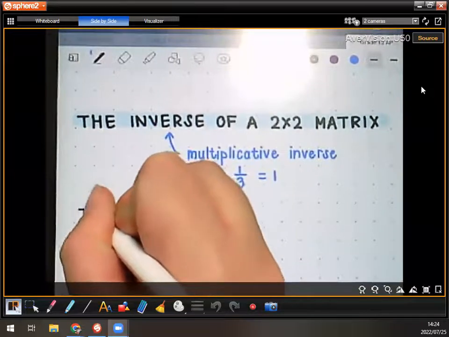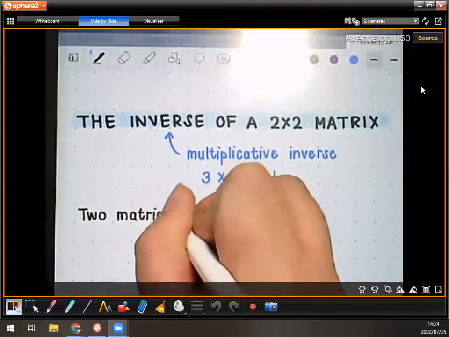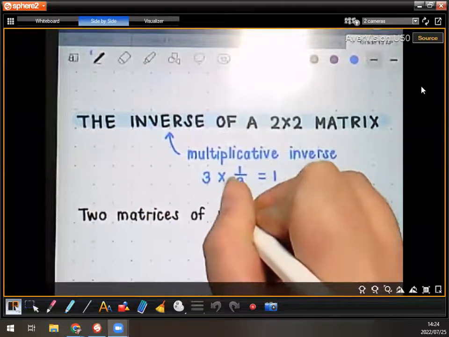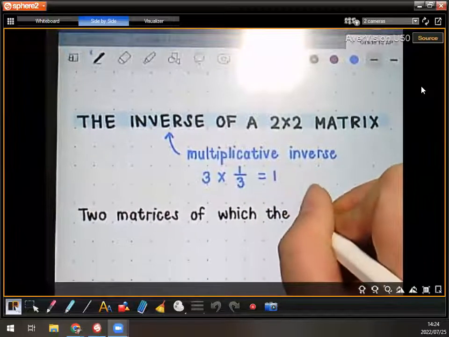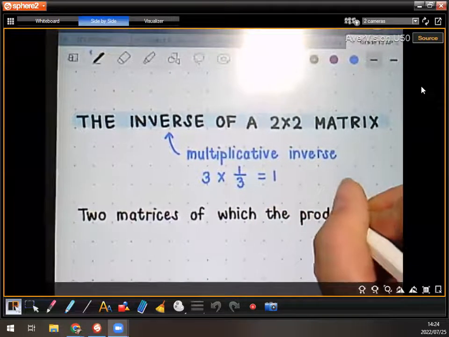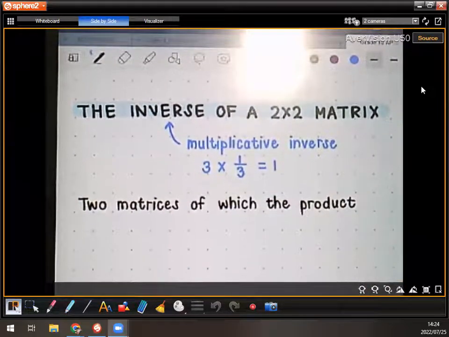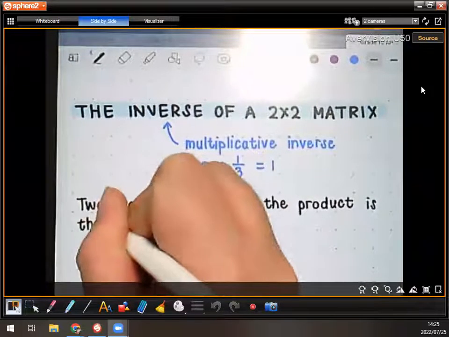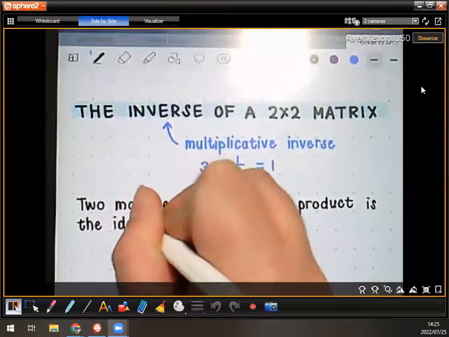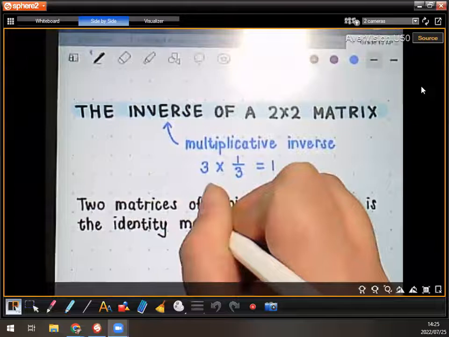Two matrices of which the product is the identity matrix are inverses of each other.